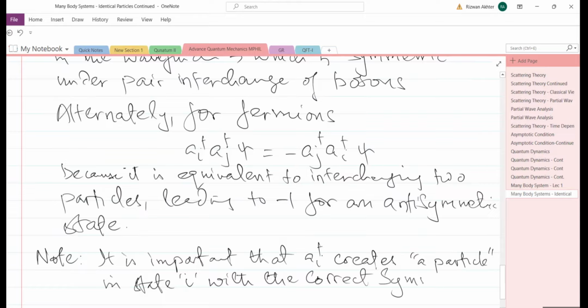So this is basically the symmetrization postulate, which we did last time.